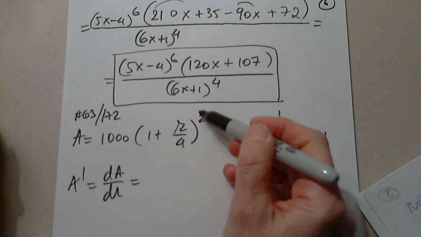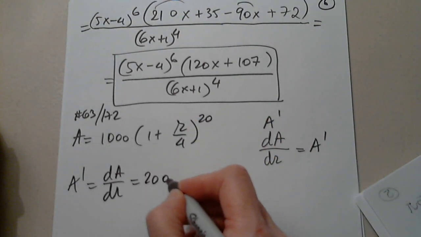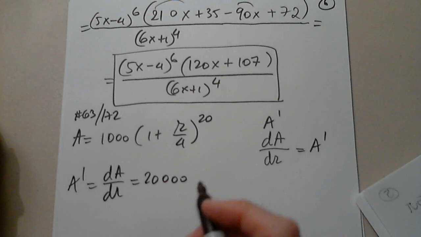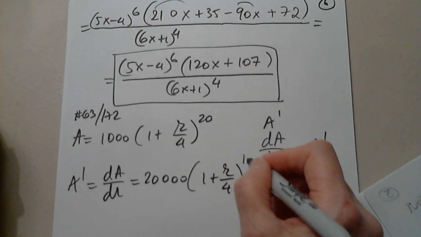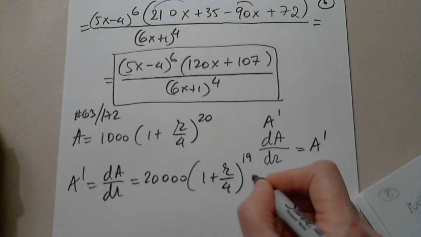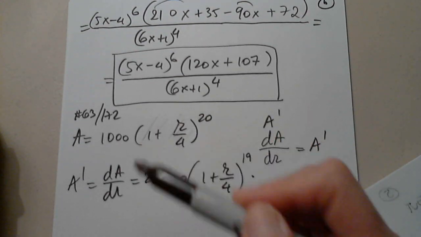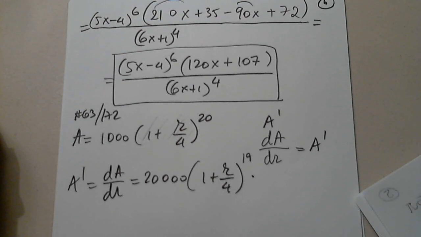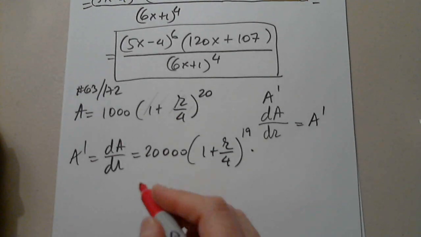But when we bring down 20, we already have to multiply it by 1,000. 2 0 and 3 more zeros. And then we have 1 plus R over 4 raised to power 19. Now I have to multiply by this function prime. And I would like you always, when you look at this function, also see this.